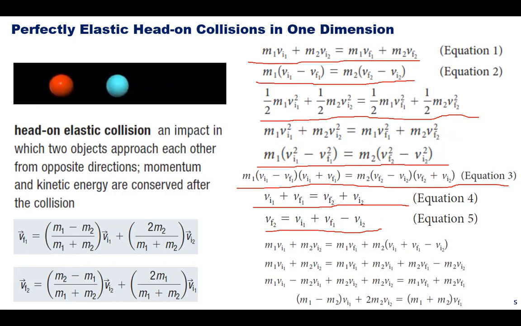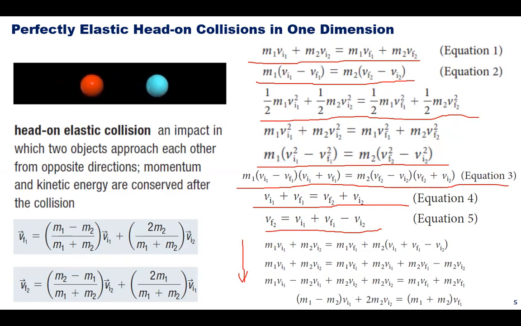Then substitute equation number 5 into equation number 1 to express vf1 in terms of the masses and their initial speeds. This gives us these steps here. And we can collect the vf1 terms on the right side of the equation and terms involving initial velocities on the left side.